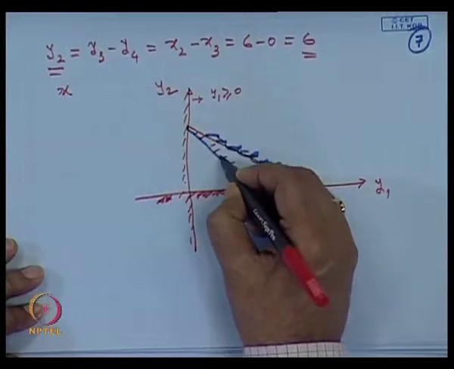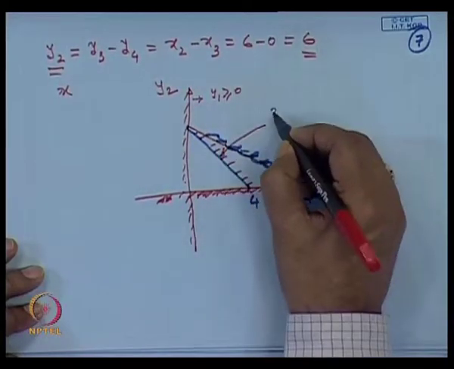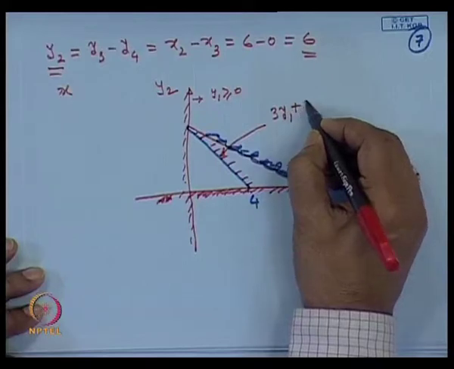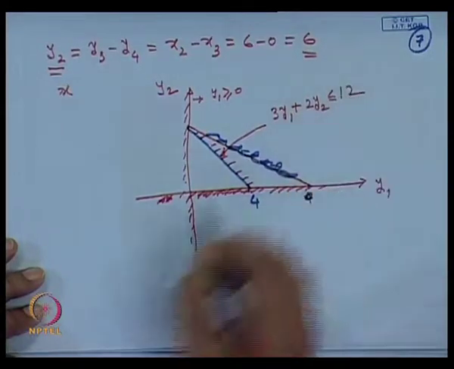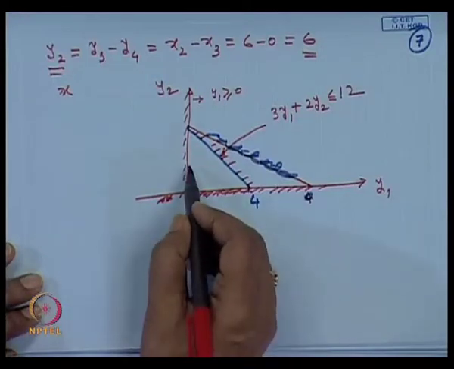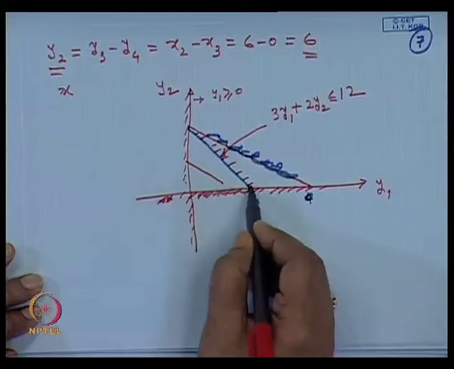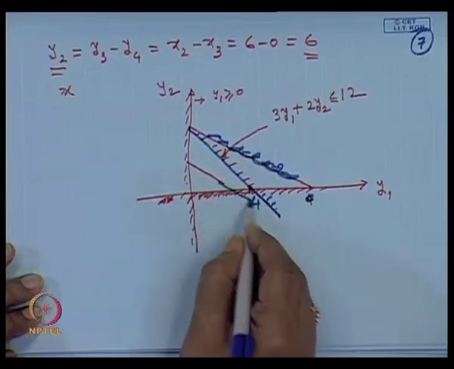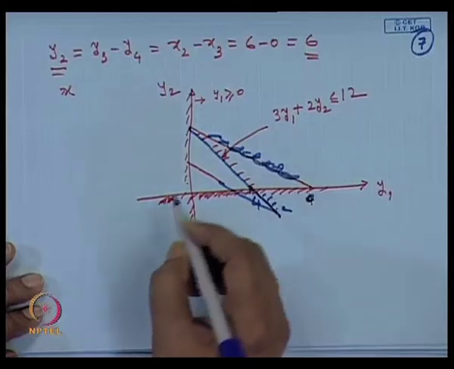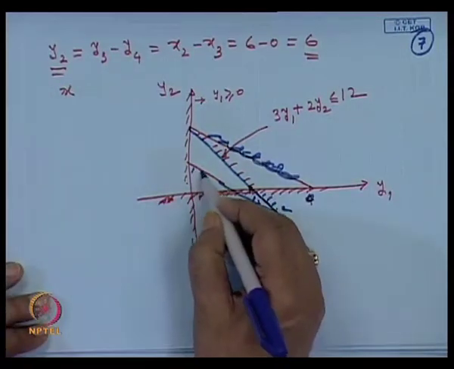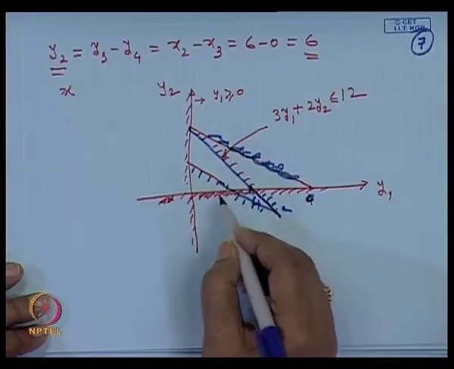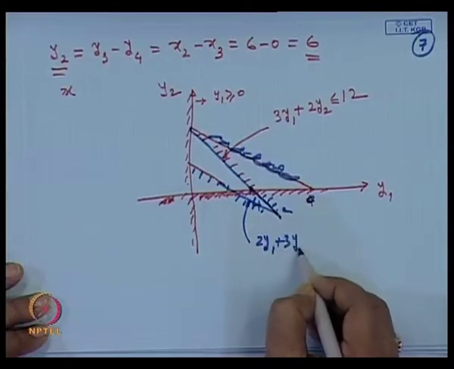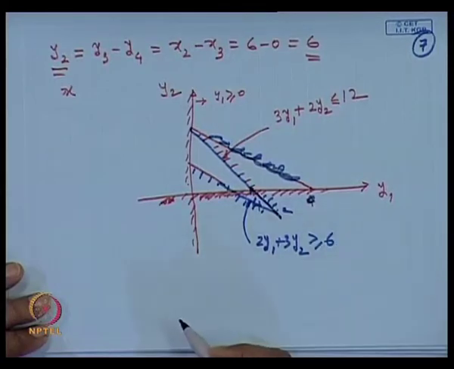So, this expression is 3 y 1 plus 2 y 2 less than or equal to 12, agree, and another equation, it can extend like this way, and that equation is twice y 1 plus 3 y 2 is greater than or equal to 6, agree.